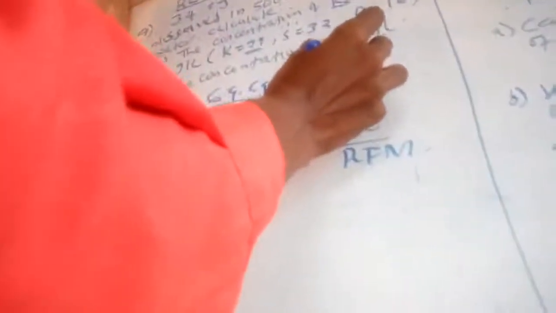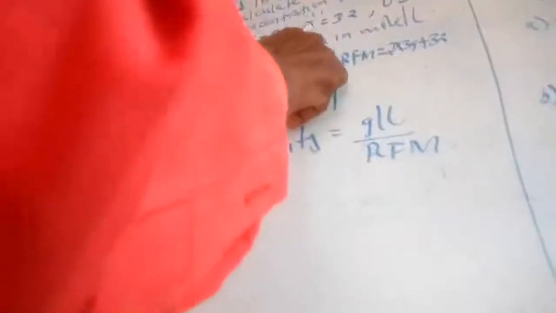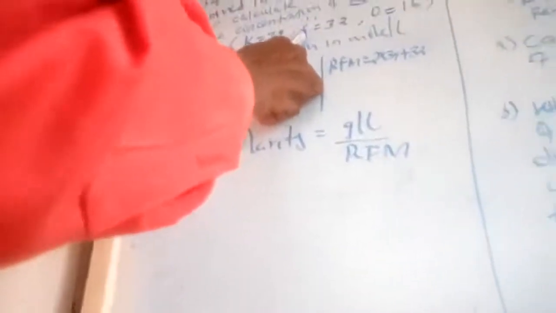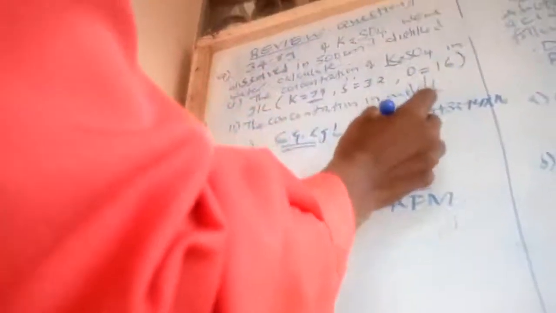There are 2, so you will say 2 multiplied by 39, then you add 32, because there is sulfur, and the relative atomic mass of sulfur is 32, and then you add 4 multiplied by 16. Why 16? Because there are 4 atoms of oxygen, and every atom of oxygen has a relative atomic mass of 16.